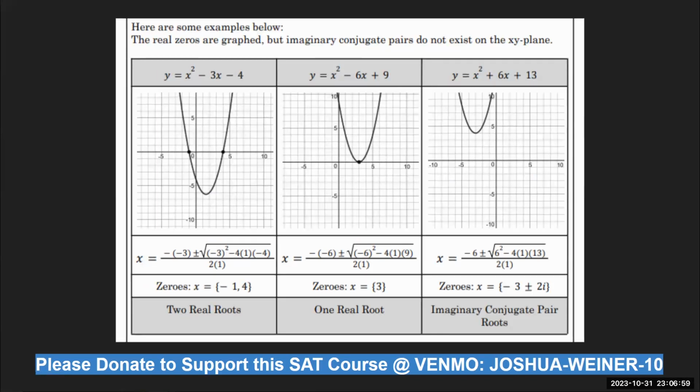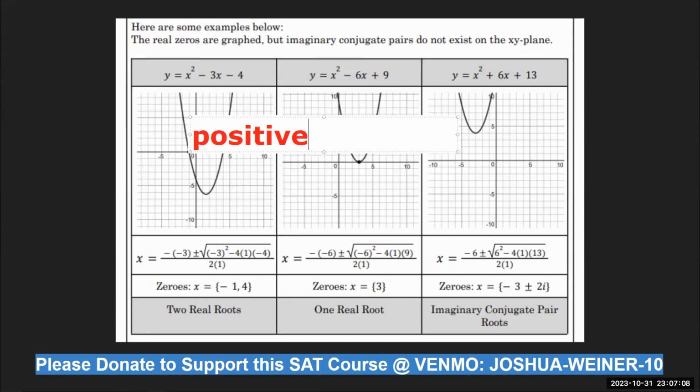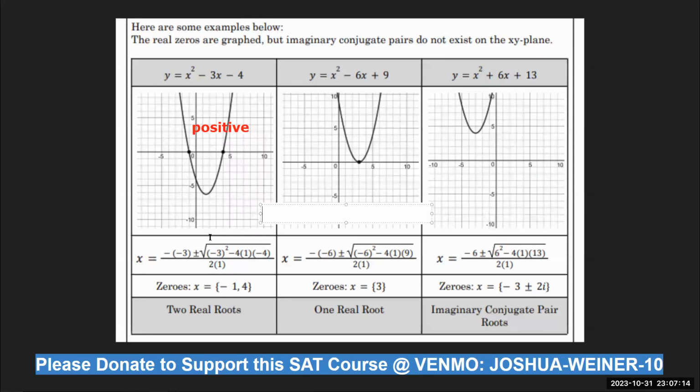This graph has two real roots because the discriminant is positive. You can see this for yourself because the radical is positive.